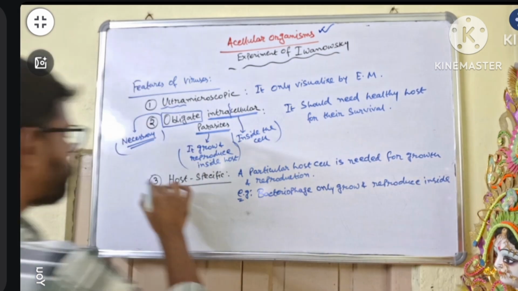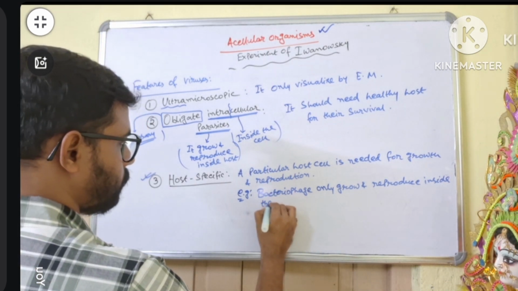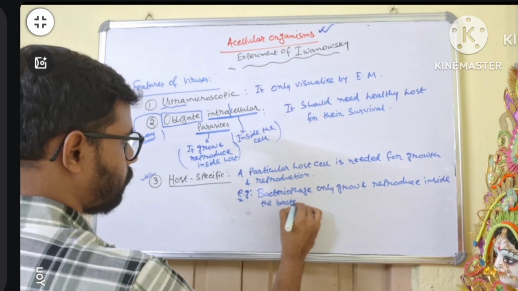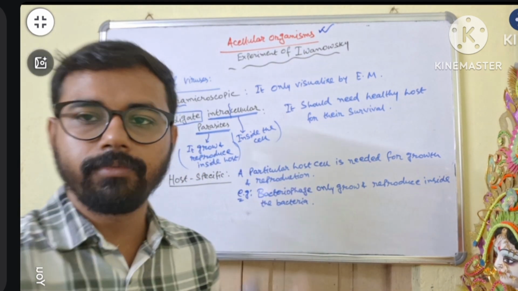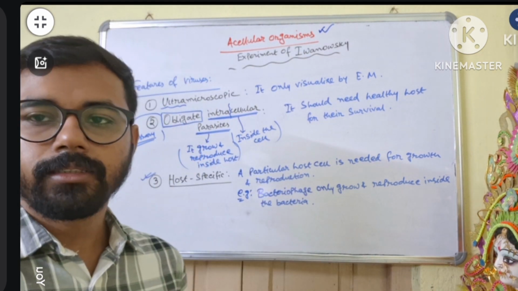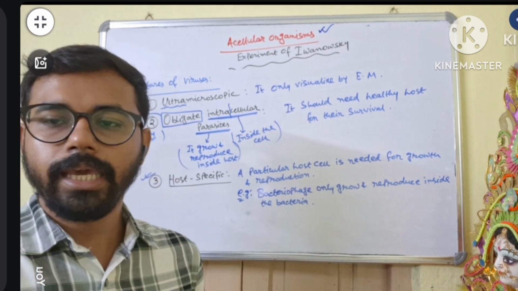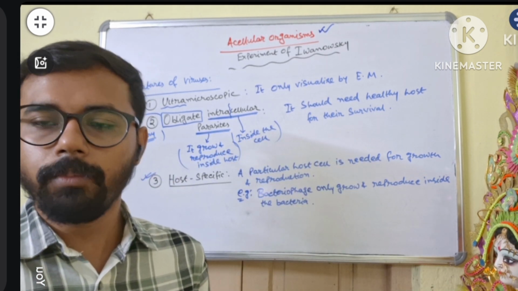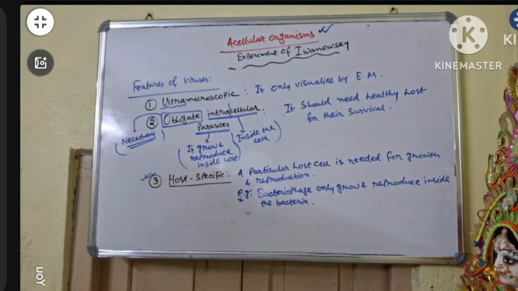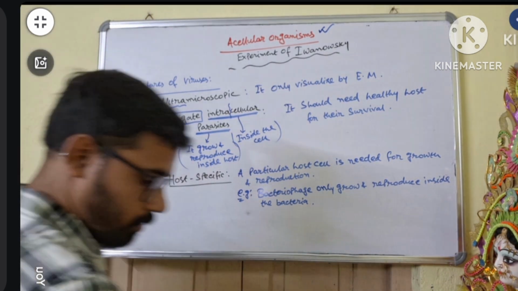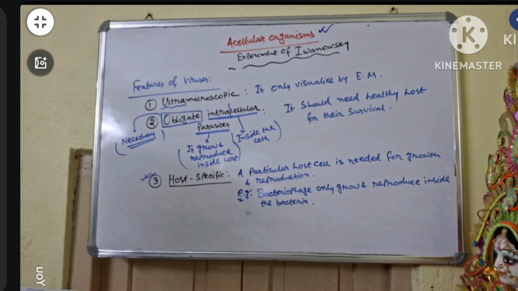That's called host specificity. Bacteriophage cannot grow in other cellular organisms like fungi, protozoa, algae, or any other cell. Inside bacteria they grow and reproduce for survival. That's why it's called host specific.